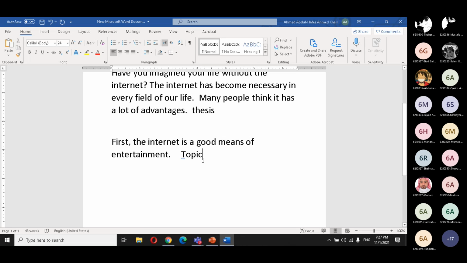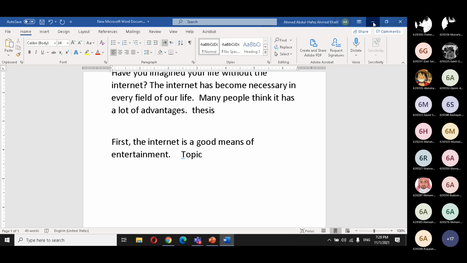So this is the topic sentence. So give examples. Show us why the internet is a good means of entertainment. Support your idea. So the next sentences, we'll call them supporting ideas. Okay, this is how to organize your writing and how to write the introduction and the paragraphs.